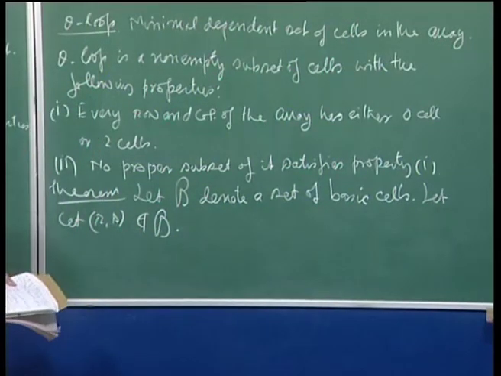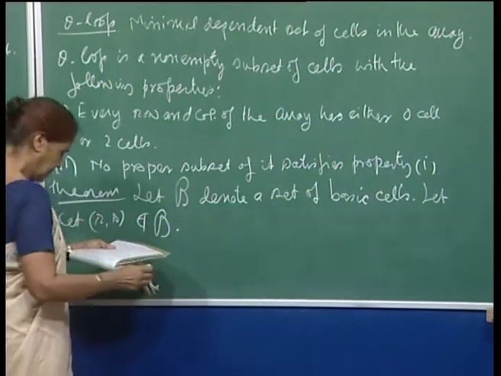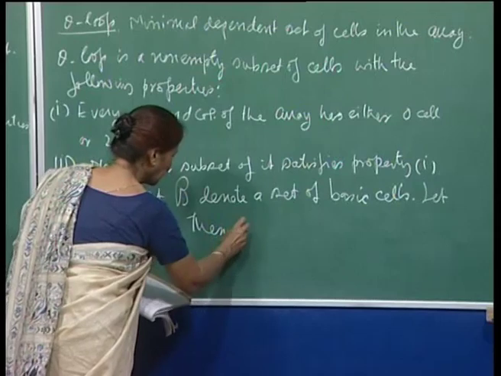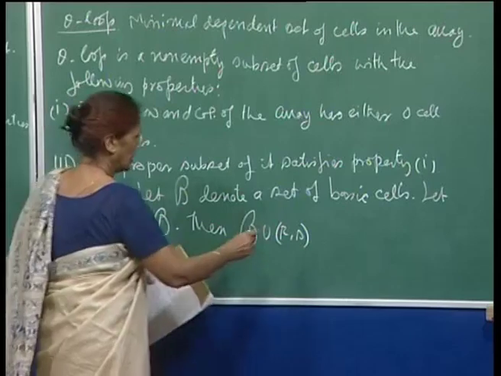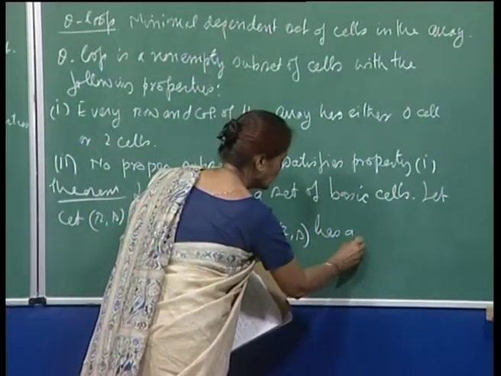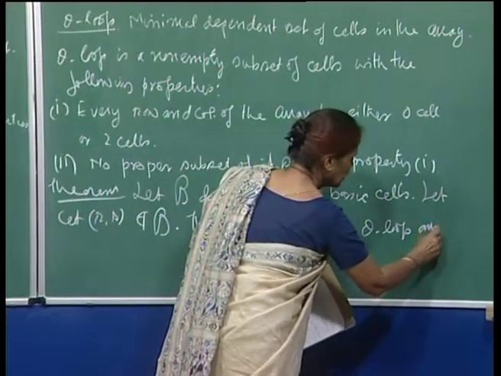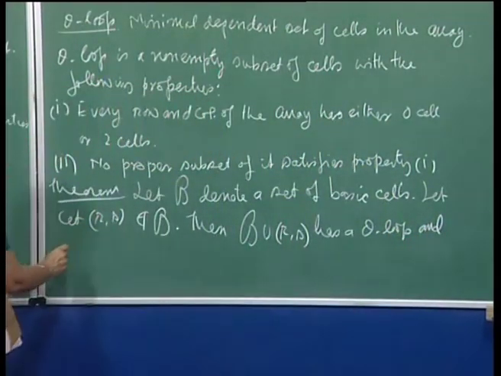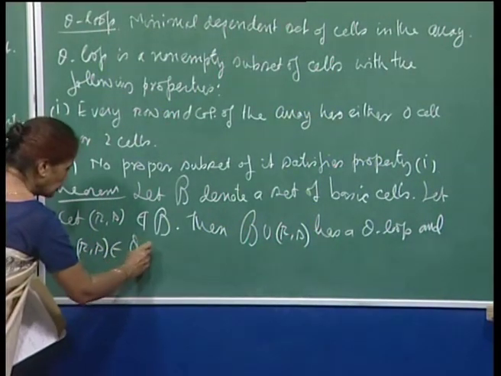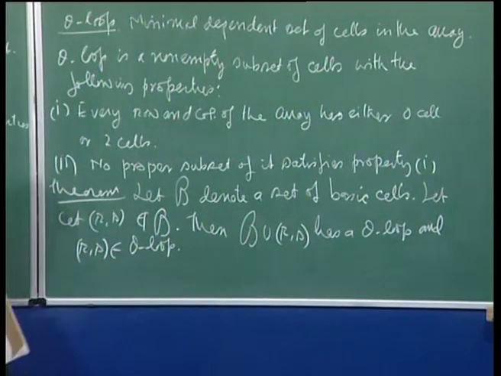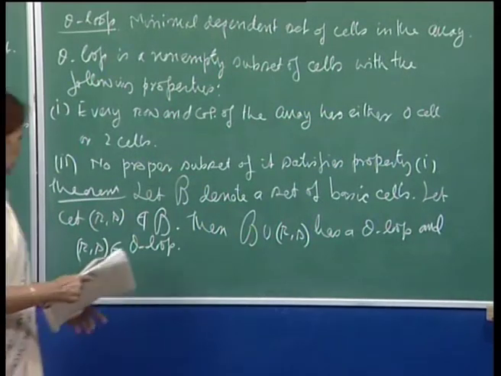R s is a non-basic cell, all the elements of B or script B are basic cells. Okay. Then B union R s has a theta loop, and the cell R s belongs to the theta loop. Okay. So, the theorem is straightforward, and I can write down the proof.